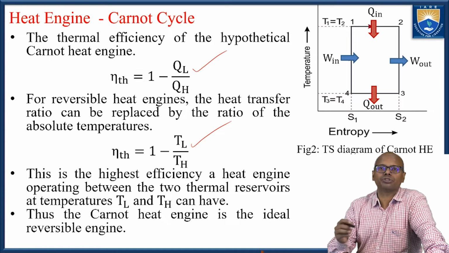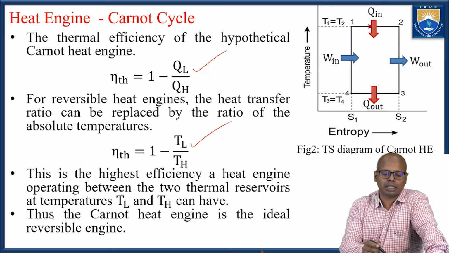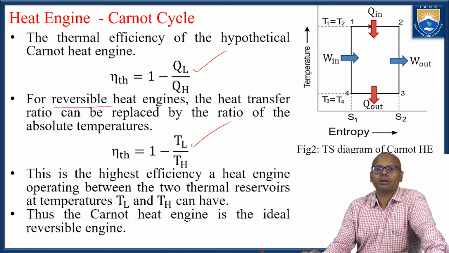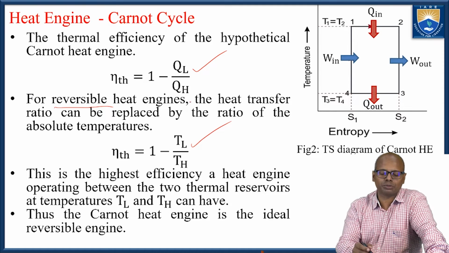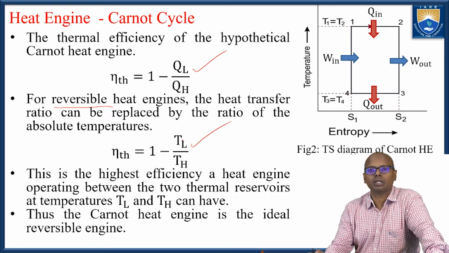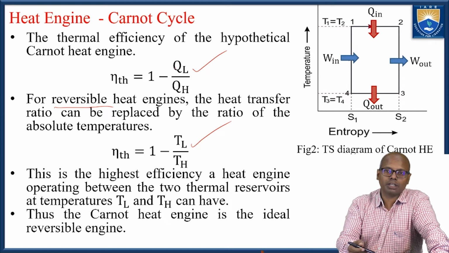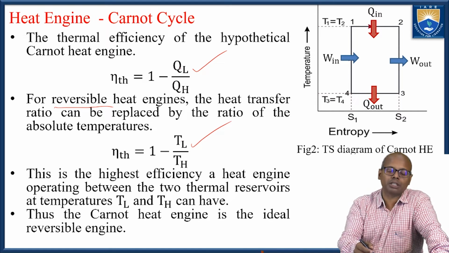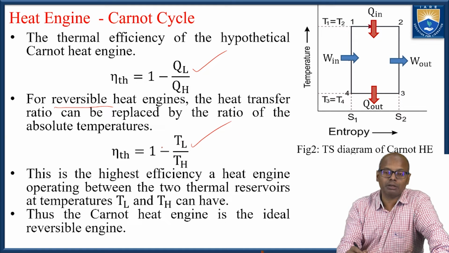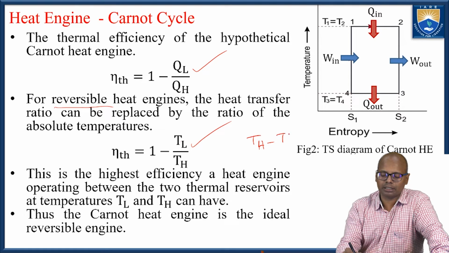Since we are assuming that this Carnot engine has reversible processes, Q is proportional to T. So if I substitute T in place of Q, the thermal efficiency is nothing but TH minus TL by TH, or 1 minus TL by TH.